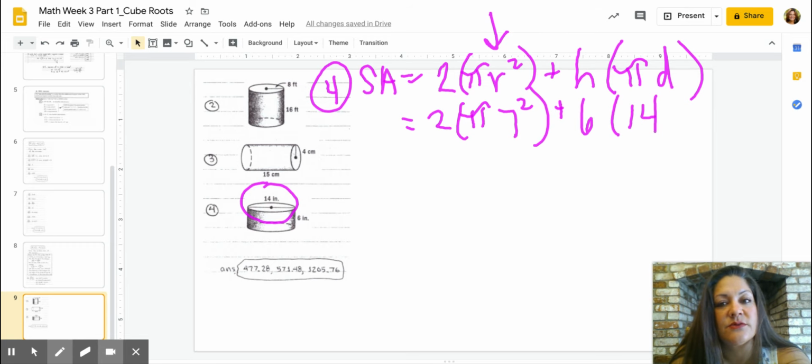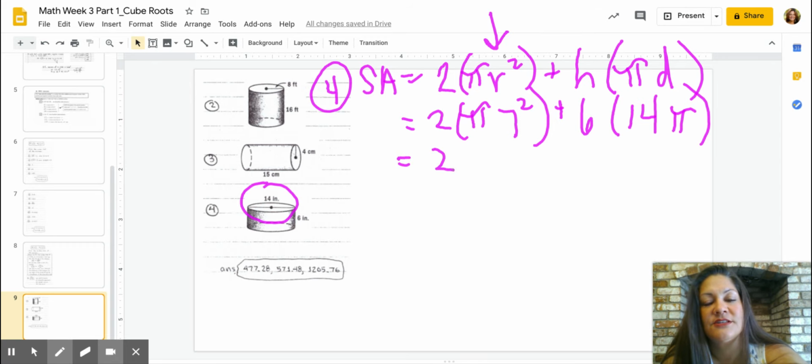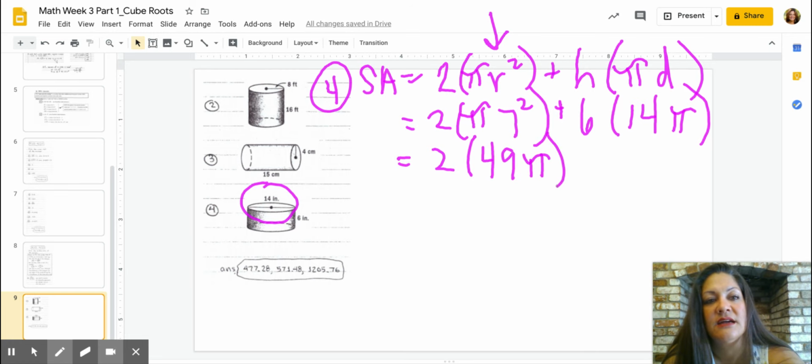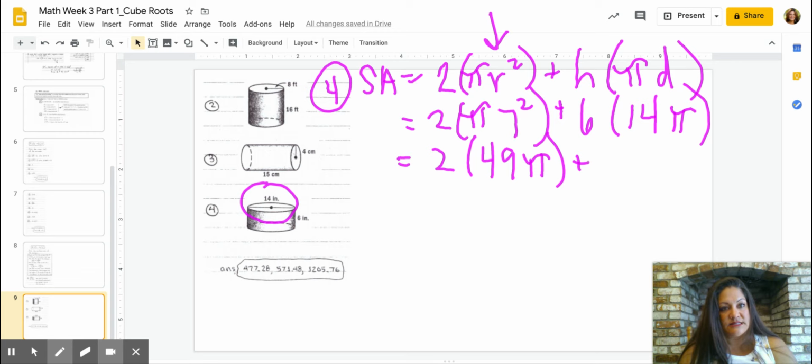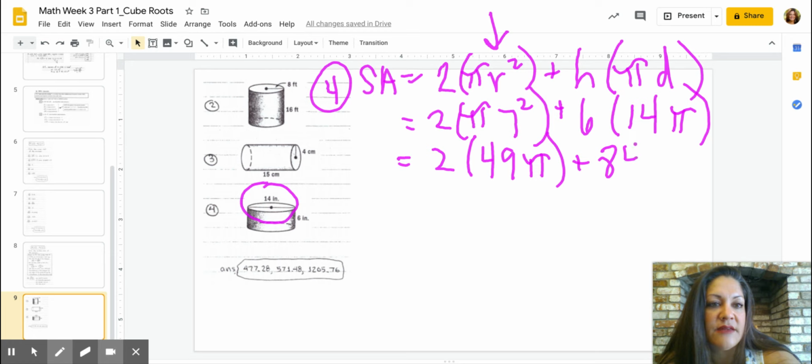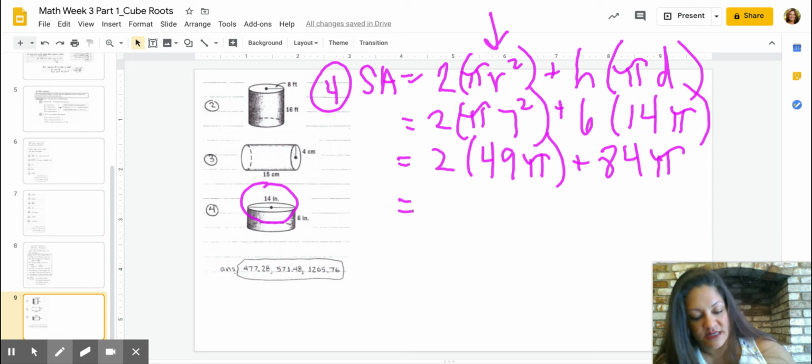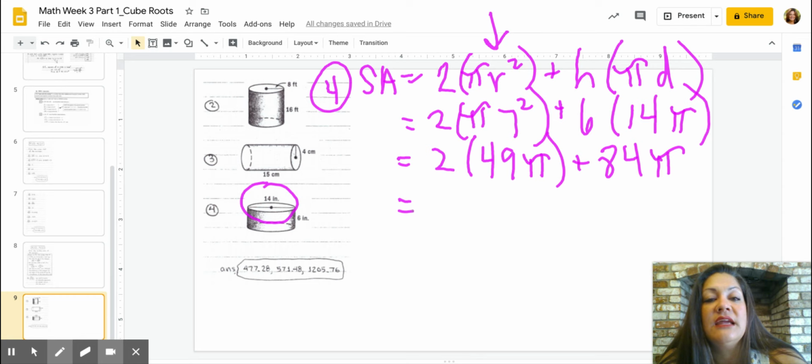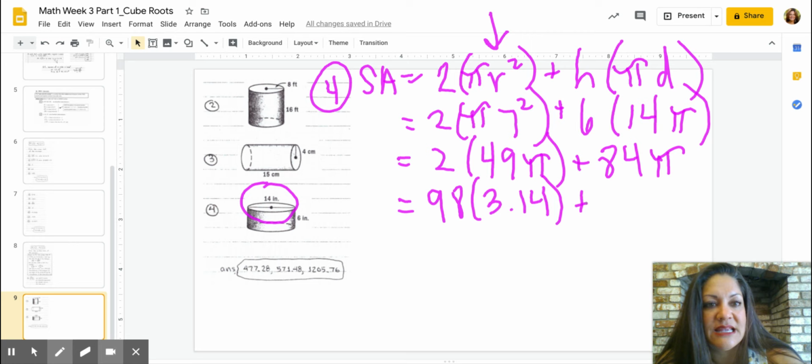So I can write it like this, 14 pi, equals 2 times 49 pi plus, let's see, I can simplify that. 6 times 14 is 84 pi. So that equals 2 times 49 is 98. So 98 times 3.14 plus 84 times 3.14.